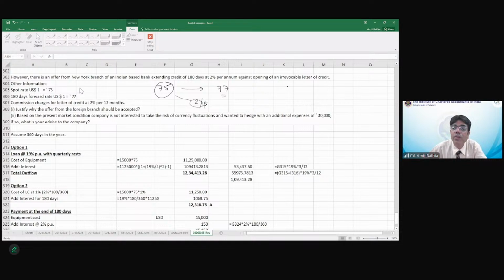So effectively, for my $15,000, my forward contract will pay me 77 rupees, out of which I have already spent 2 rupees to procure this particular forward contract. So what will be left is 75. That is what I will need to pay.